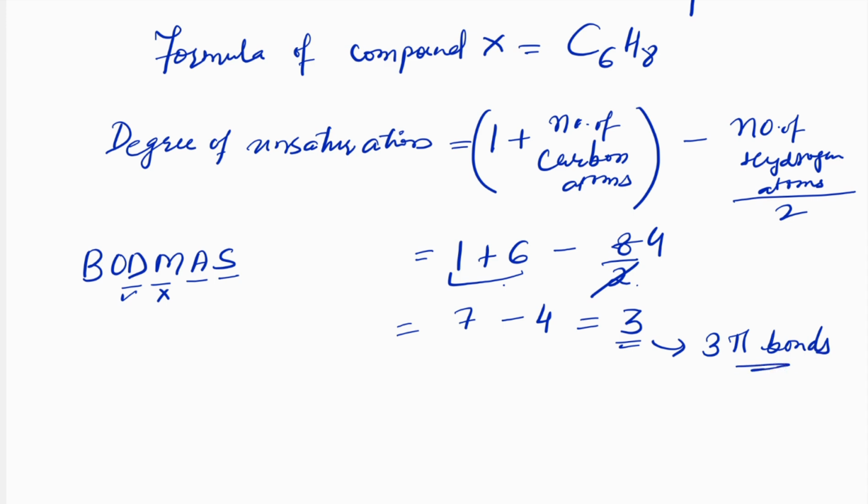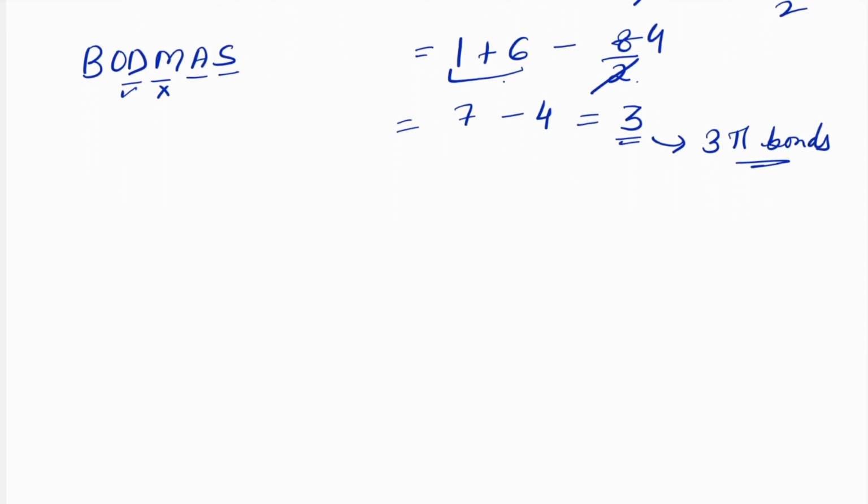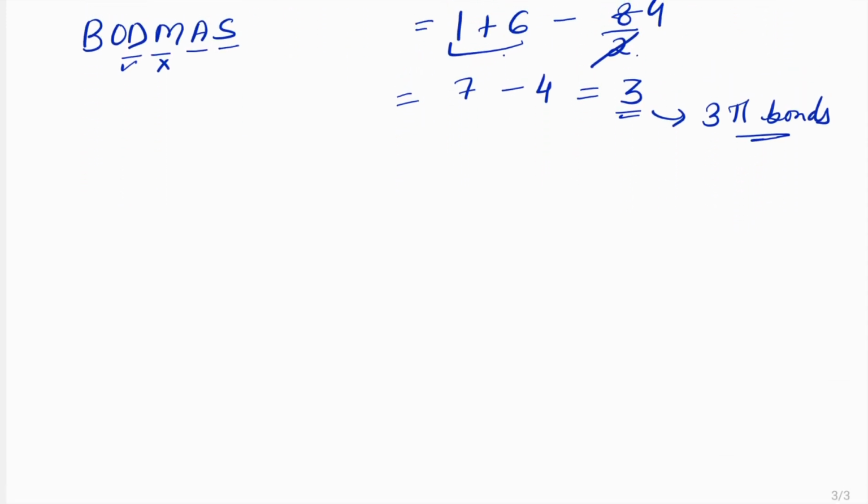We have already discussed the meaning of degree of unsaturation. There is another thing that we can do, we can write its structures also. This C6H8 with degree of unsaturation equal to 3 has different isomeric forms.